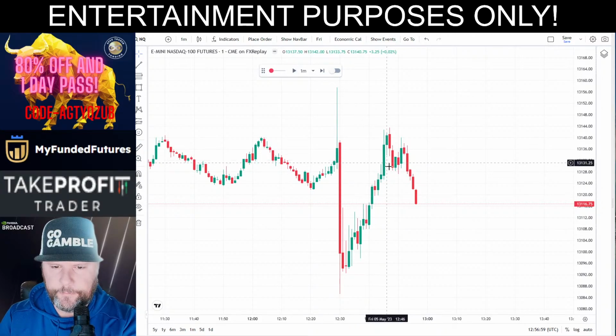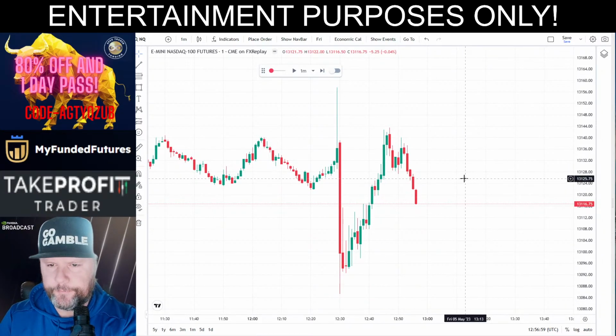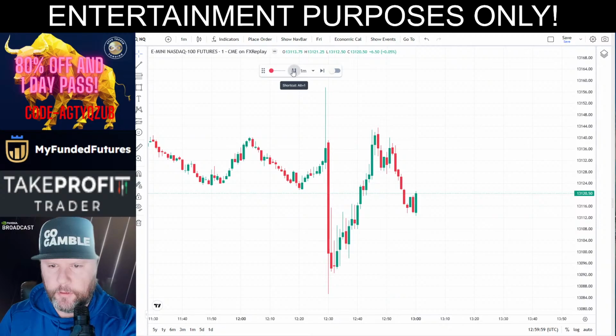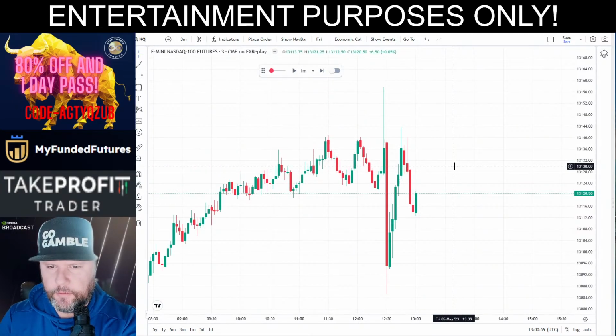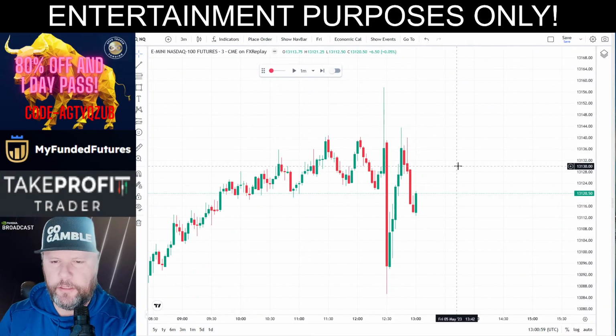All right. So I don't hate this one. I guess we'll see if we can get a push back up into maybe this area to go lower. Trying to change the time frame and look. I don't know, this is a weird one.